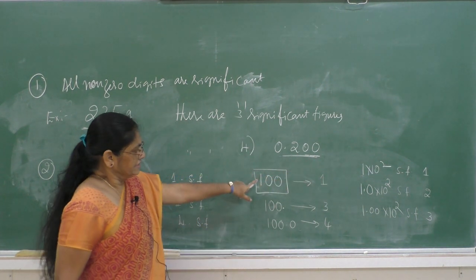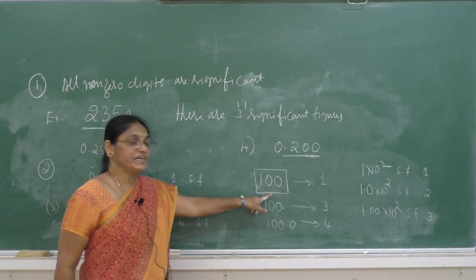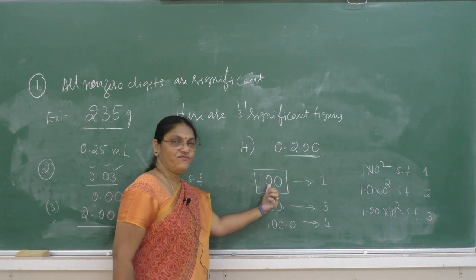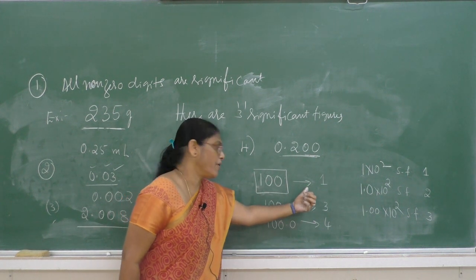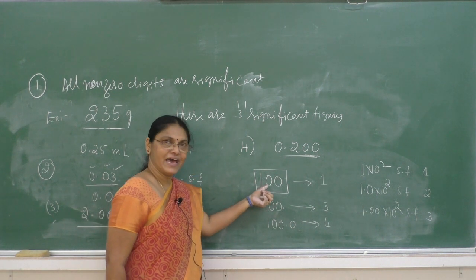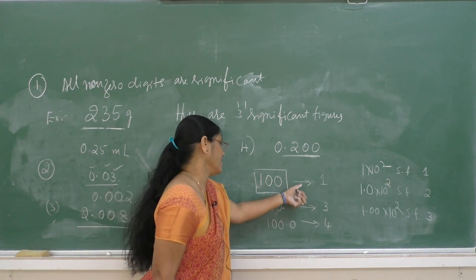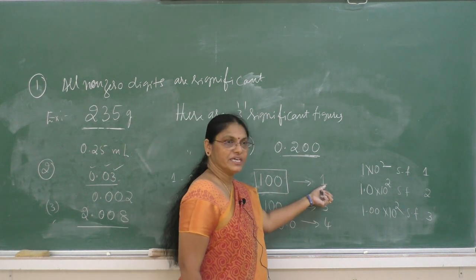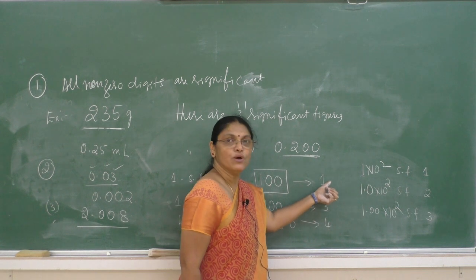The zeros at the terminal end are not significant if there is no decimal point. So in this example, 100 has no decimal point. Therefore the number of significant figures in this number is 1.